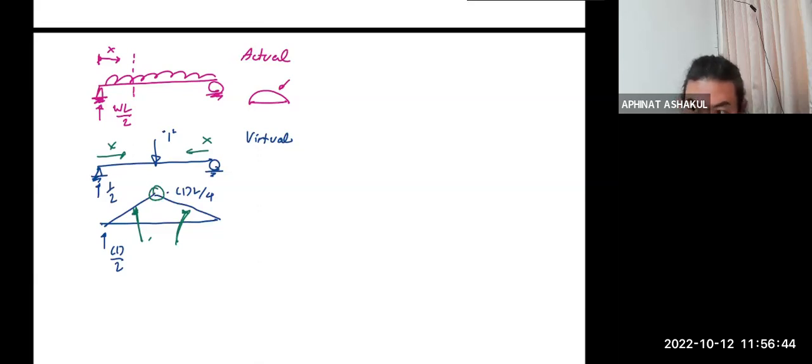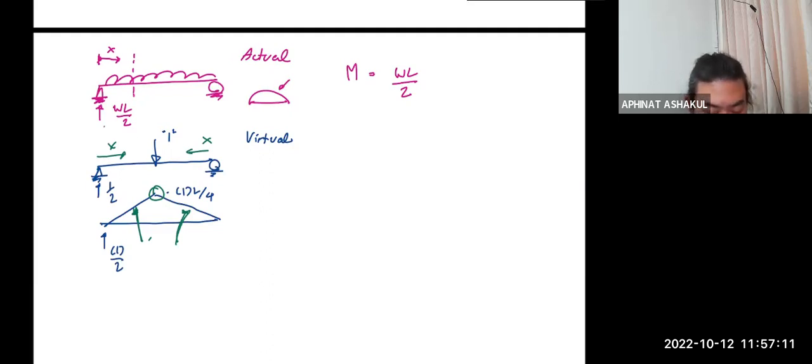You see that? So let's see. Actual case, the moment equation will be WL over 2. That is the reaction, right? For those of you who cannot see this, draw the free body diagram. This is the reaction, so it is multiplied by X, goes up, so it creates positive moment, right?